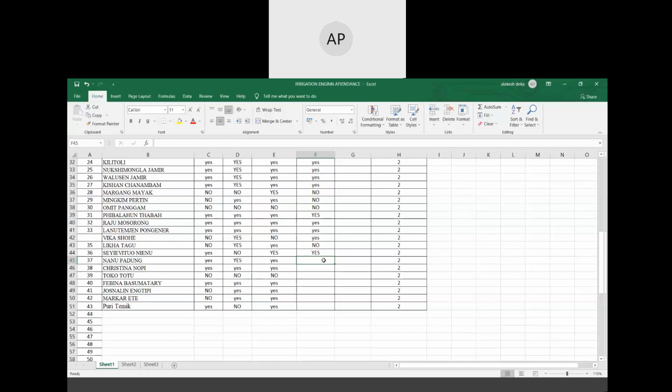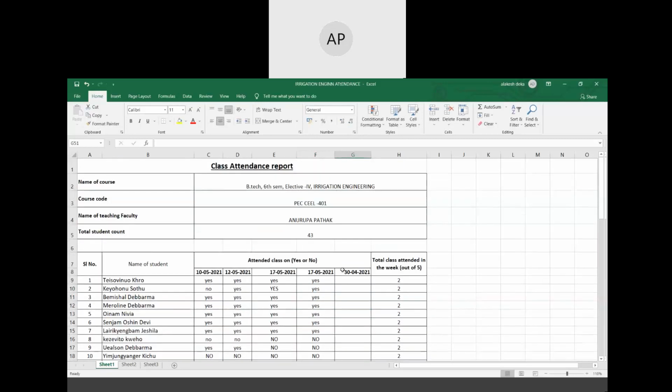Nanu Padong, yes ma'am. Christina Noppi, present ma'am. Toko Totu, absent. Febina, present. Markar Ite, present ma'am. Puritemi, present ma'am.